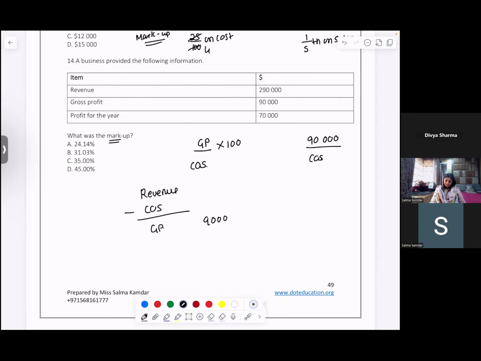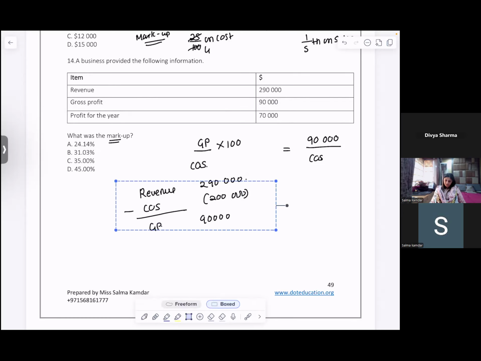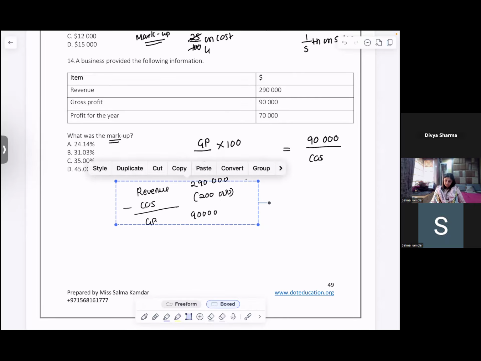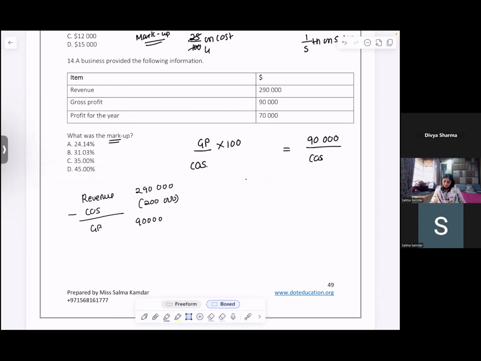Gross profit is 90,000, revenue is 290,000, so cost of sales will be 200,000. So it is going to be 90,000 divided by 200,000 into 100, so it is going to be 45%.